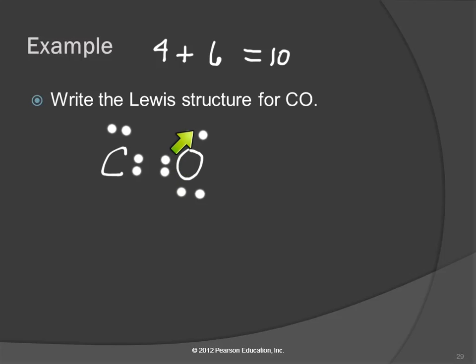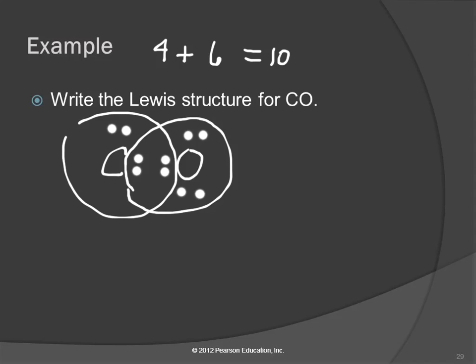So this oxygen has 2, 4, 6, 8. Let's do the circle thing. So that oxygen has 8, and the carbon has 6. So it's better, right? It's better, but it's not good yet.